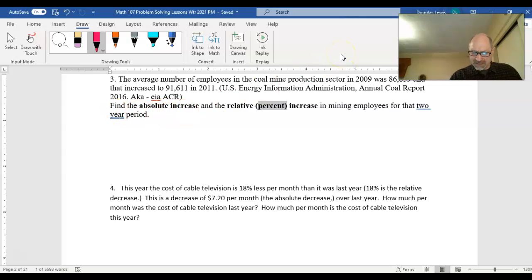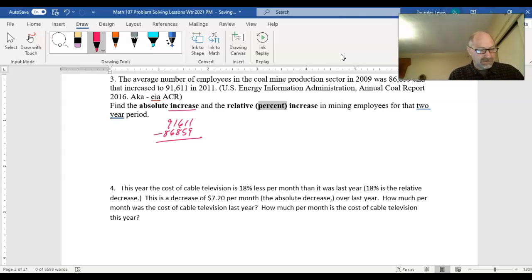Well, the absolute increase is the number of people or employees in this case. How much did that increase? Well, it went from 86,859 up to 91,611. So that went up by whatever this difference is, and we subtract that.